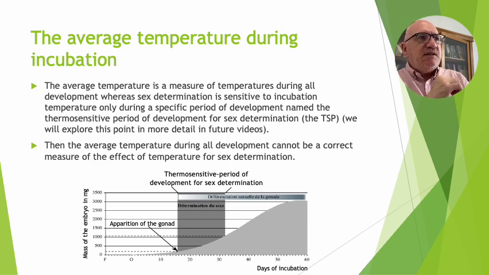The abbreviation is TSP. We will explore this point in more detail in a future video. Then, the average temperature during all development cannot be a correct measure for the effect of temperature for sex determination because the temperature only acts during a specific period of development.